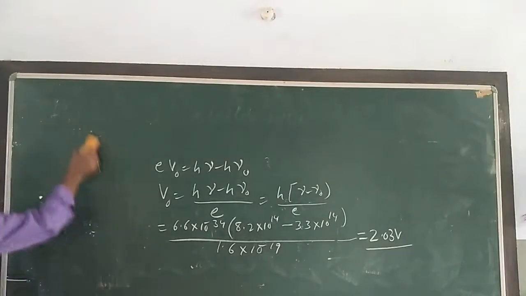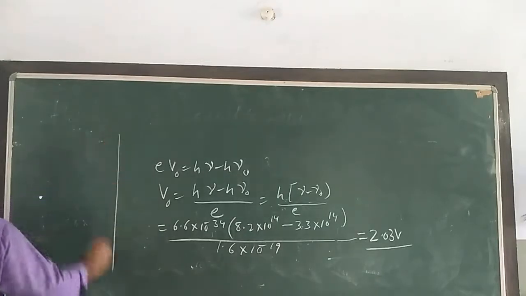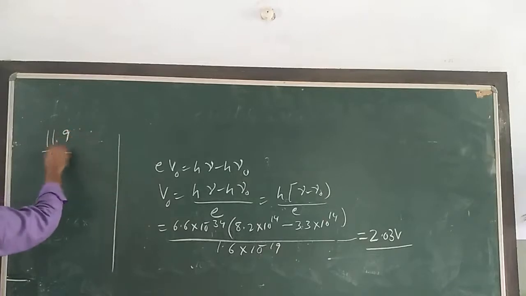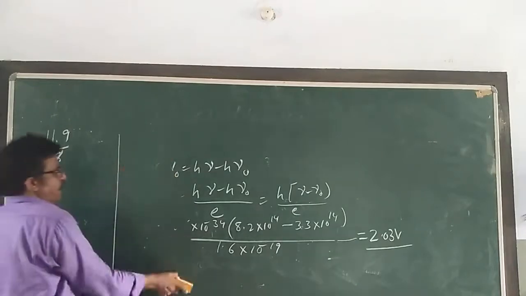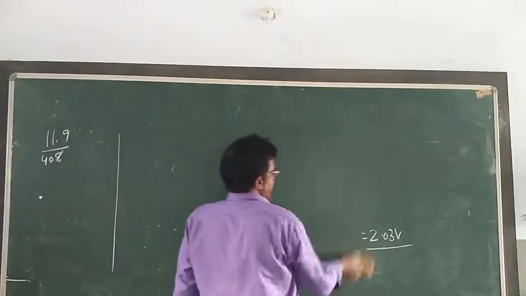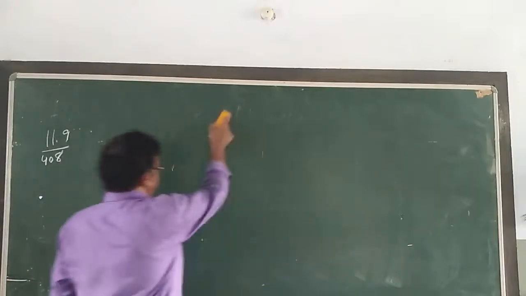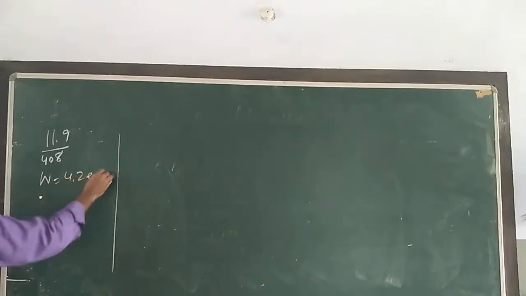11.9. Read the question. 11.9 on the same page number 408. The work function for a certain metal. You are given the work function of a metal, which you also write as phi naught or W. So the work function is given as W, 4.2 electron volt.